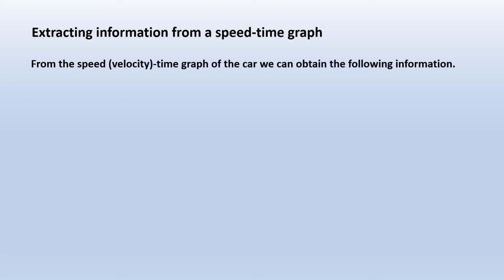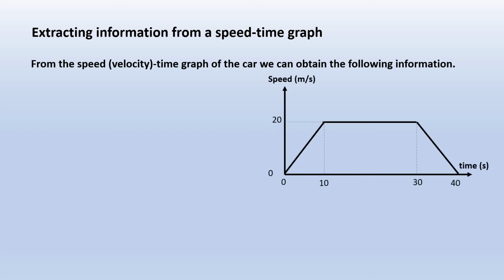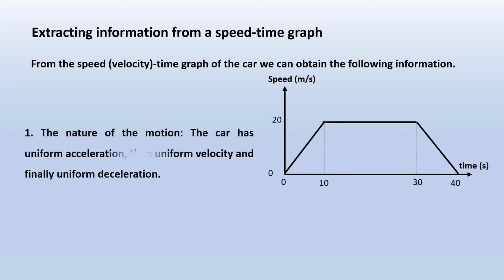Extracting information from a speed-time graph. From the speed-time graph of the car, we can obtain the following information. The nature of the motion: the car has uniform acceleration, then uniform velocity, and finally uniform deceleration.